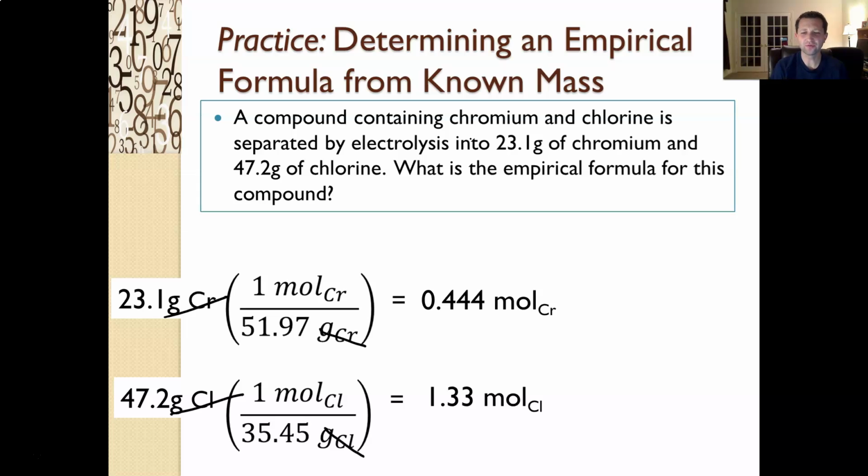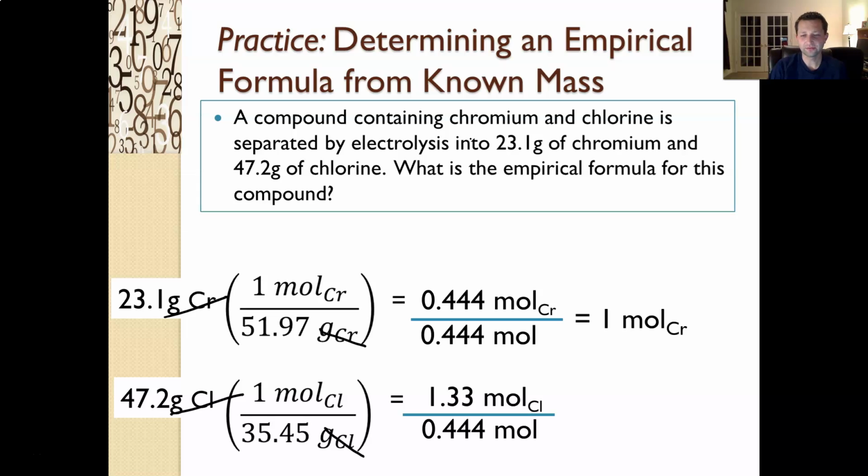Because the 0.444 to 1.33 just looks really weird. It's hard to figure out. So divide 0.444 by 0.444. You get 1. And you divide 1.33 by 0.444 and you get 3. Look how nice that comes out. So you're always, always, always going to have something become 1 mole at the end, right?